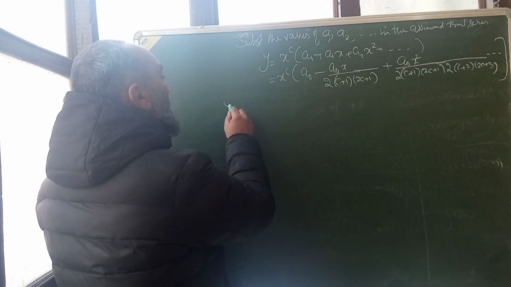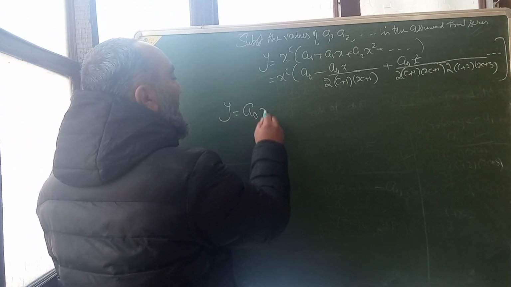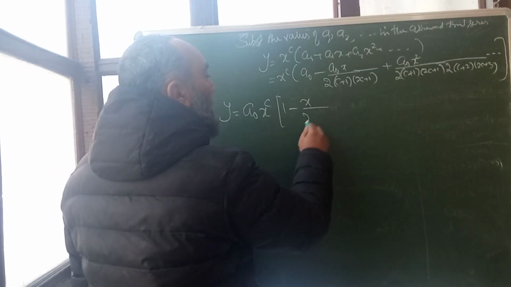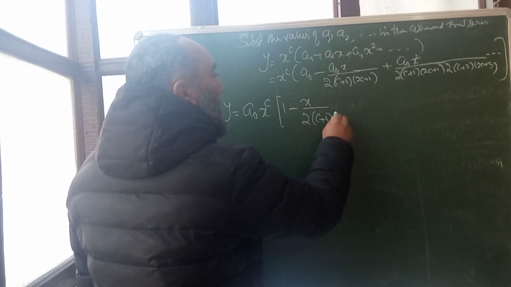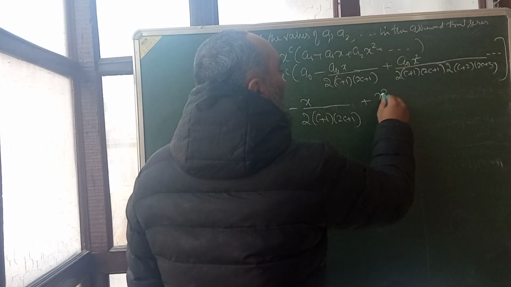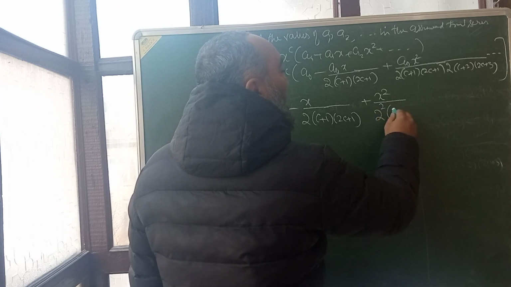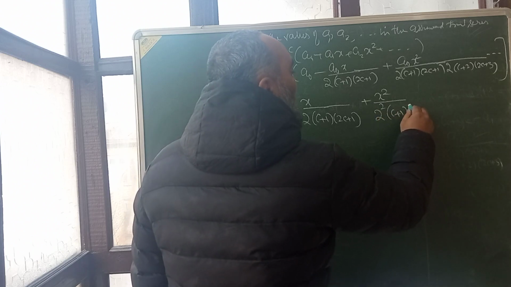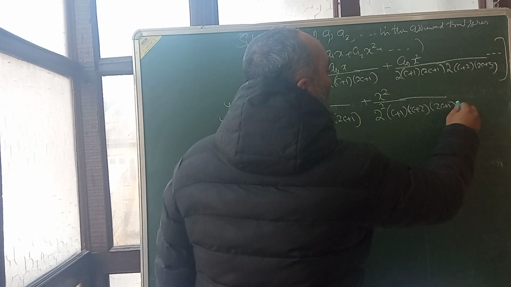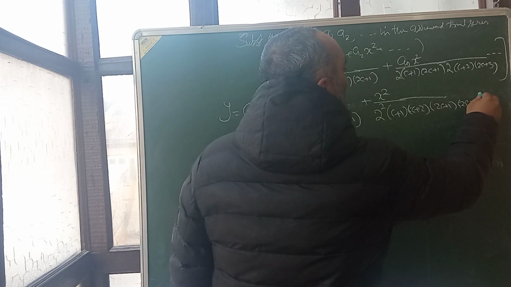So this is y equal a0 x raised power c, 1 minus x upon 2 times c plus 1, 2c plus 1, then x square upon 2 square c plus 1, c plus 2, 2c plus 1, 2c plus 3, minus so on.